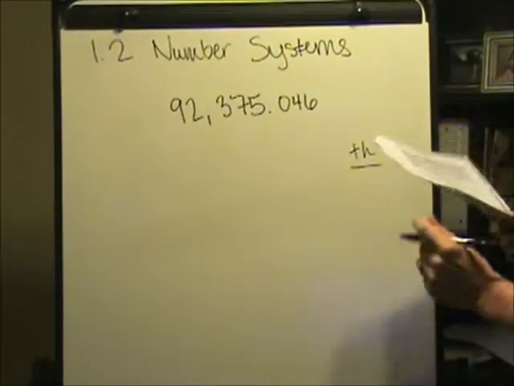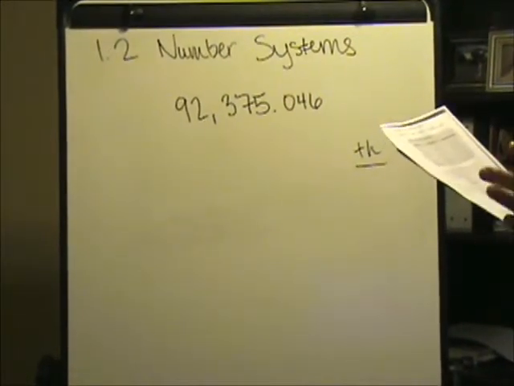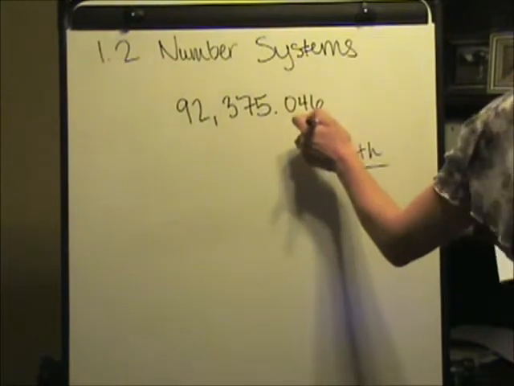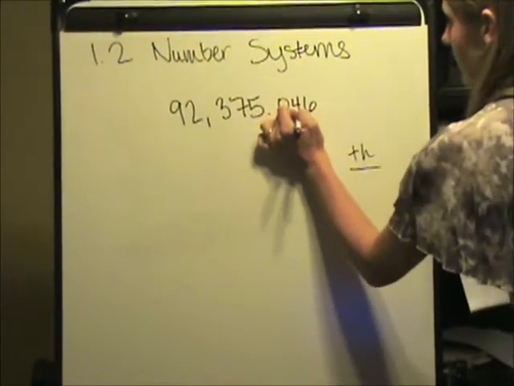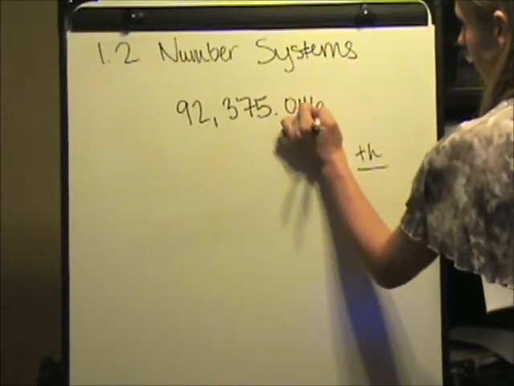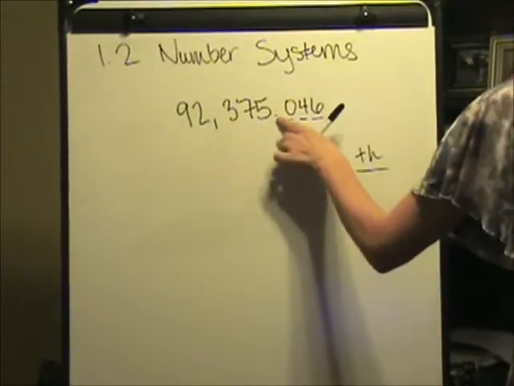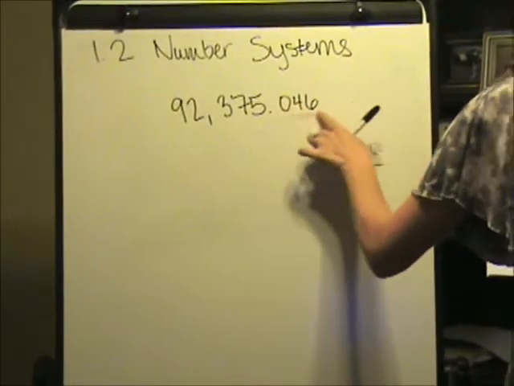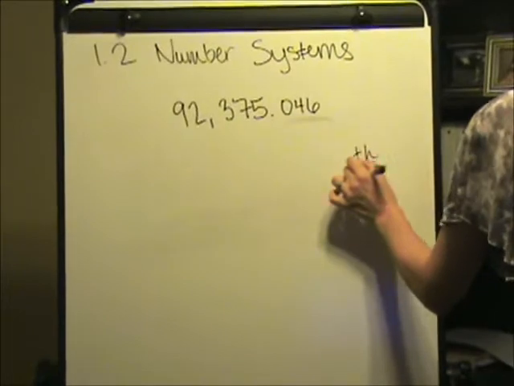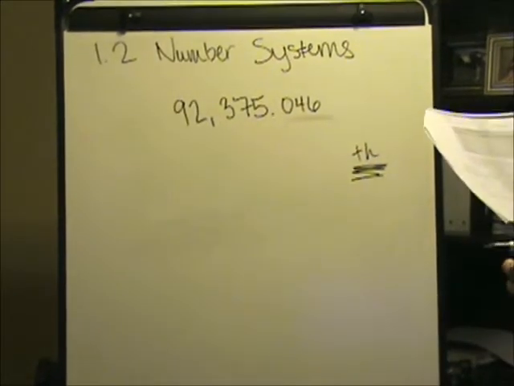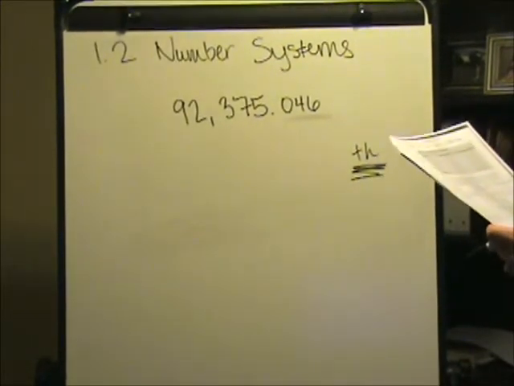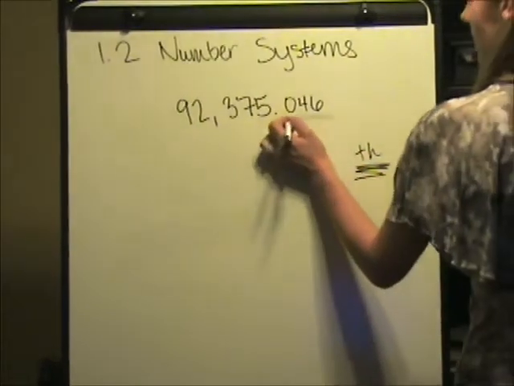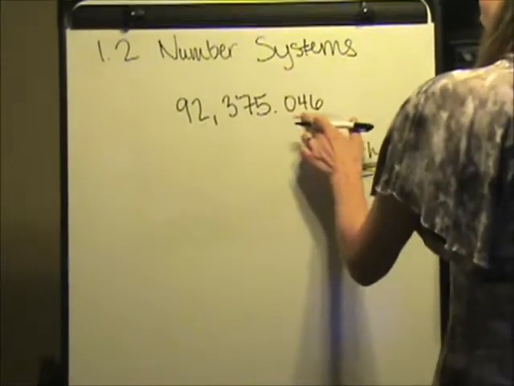So number 13, we're looking at the tenths, and that's TH. The TH is what you're always looking for when you are working to the right of the decimal. We have the tenths, the hundredths, and the thousandths. Those are all with the TH. So that's how you know that you're looking to the right of the decimal if you are working with TH. So for number 13, we're looking at the tenths place, and that is going to be 0.